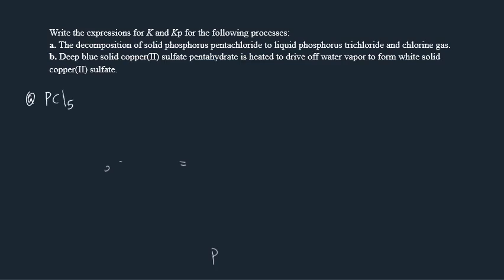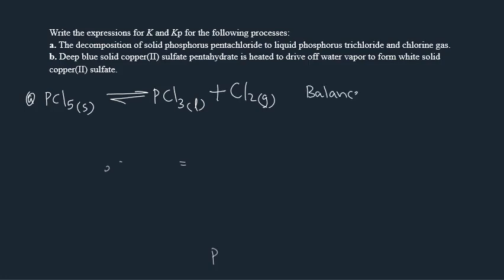PCl5 is the phosphorus pentachloride, which is solid. So that gives PCl3, which is, oh no, that is liquid, and we are going to get chlorine gas. And is it balanced? Yes, it is balanced. So that is the first step.